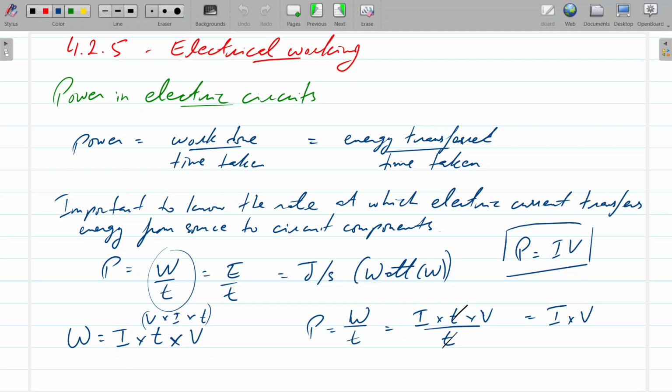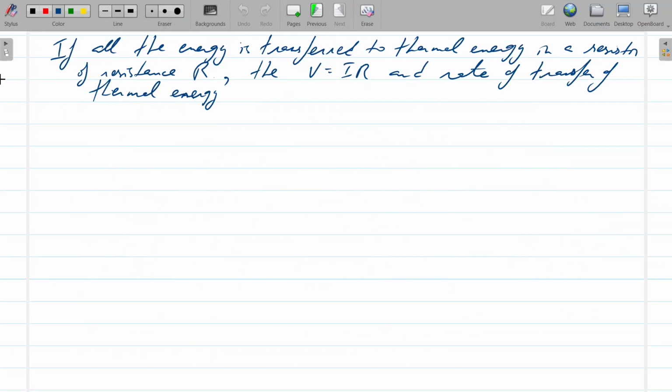So as you can see on screen, the rate of transfer of energy is power. So what they're basically doing is, in case you are dealing with resistance, how can you find power when you know resistance and not voltage?